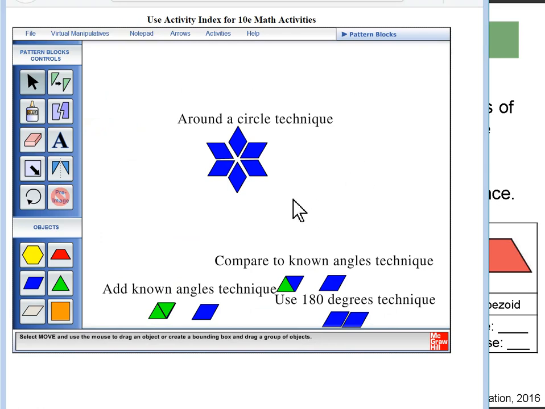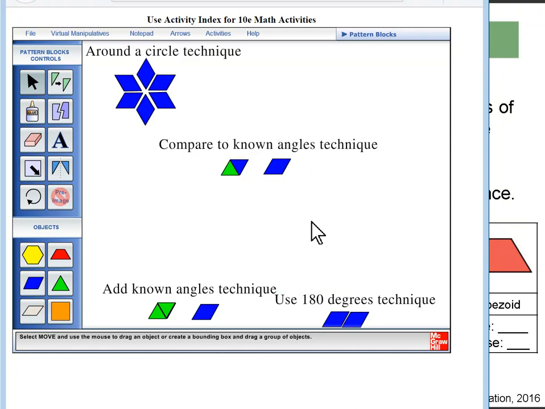Looking at the blue parallelogram, you can use the around the circle technique that we used with the green triangle to determine the interior angle of the blue parallelogram. A second technique is to compare to a known angle.